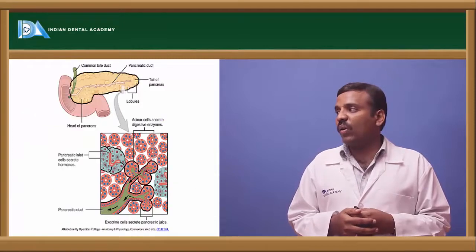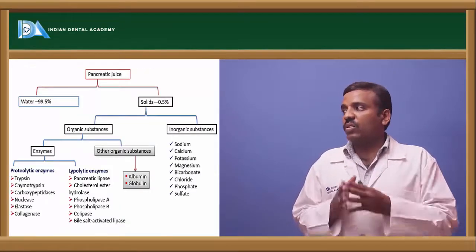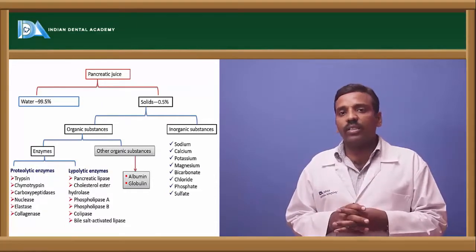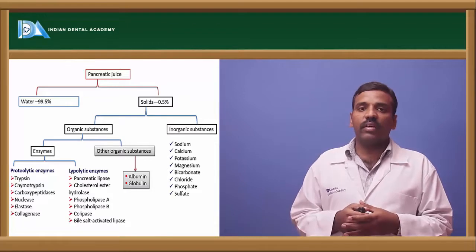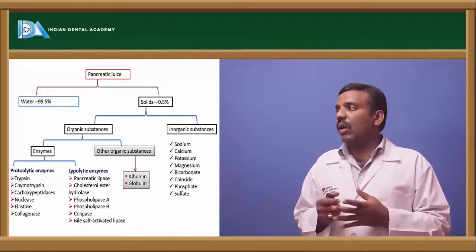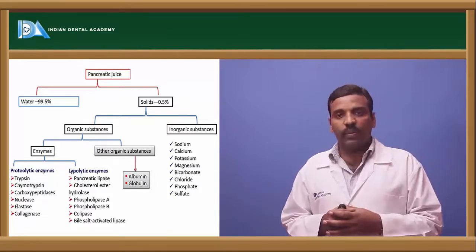Next is the composition of the pancreatic juice. Water is about 99.5% and solids are about 0.5%. These solids are divided into organic components and inorganic components.